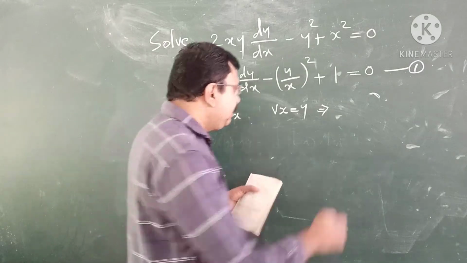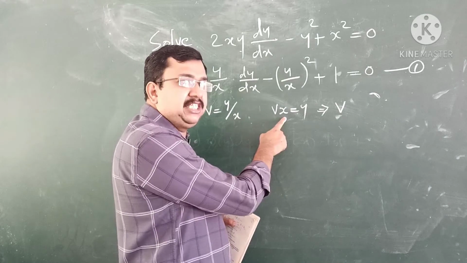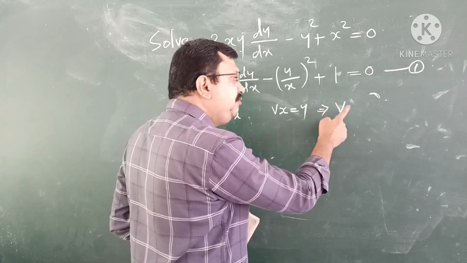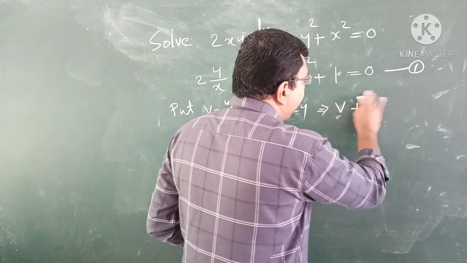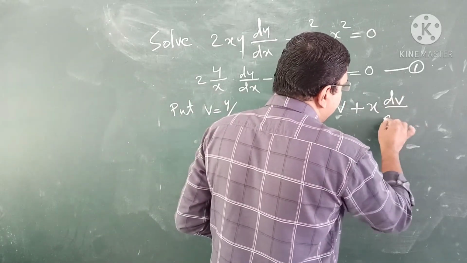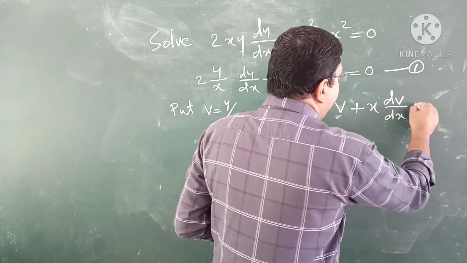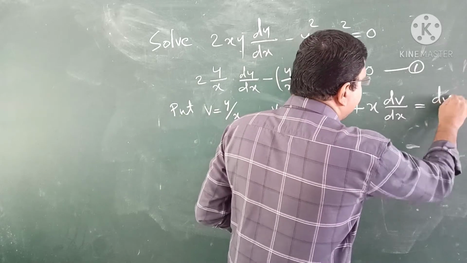The derivative of x is 1, therefore v into 1, that is v, plus x into dv by dx equal to dy by dx.